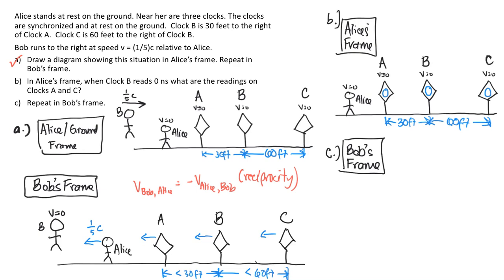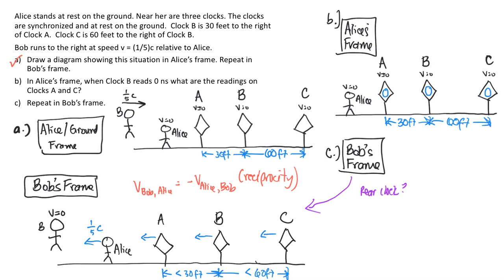So what we're going to do is we'll just use this diagram down here on the left, because that is the drawing in Bob's frame. We're going to be focusing down here. And the first question is, which is the rear clock? Well, we have three clocks.